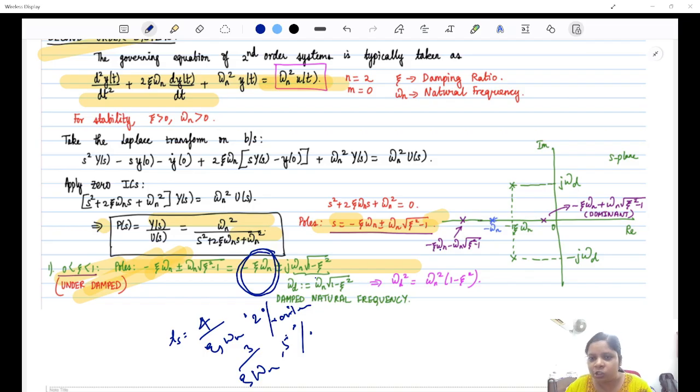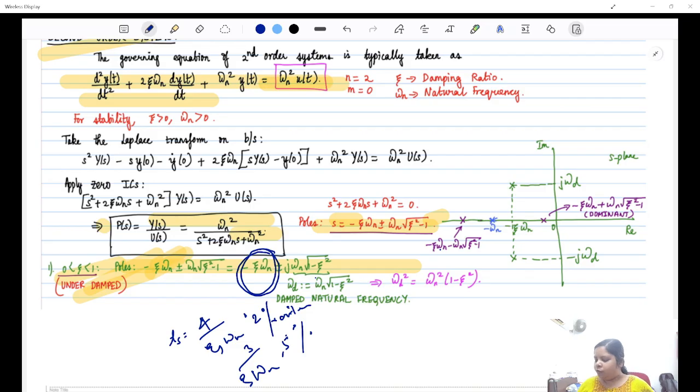If they don't give, and mostly they don't, and they just ask you for settling time, then in that case you have to go for 2% criteria. That is the rule, because 2% criteria is the better one. If you're going within 2% of the steady state value, that means you have very less error at the end and your response is even more settled. 5% is somewhat before that. That is why we answer for 2% always.